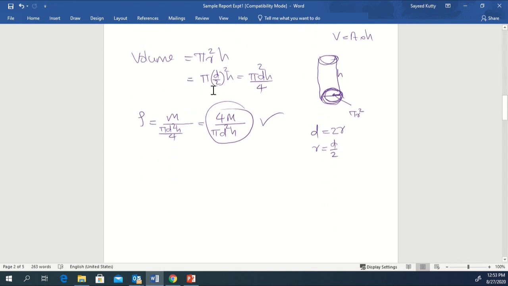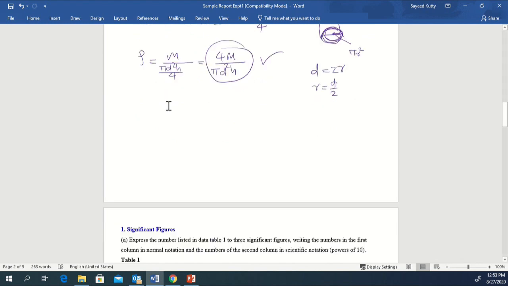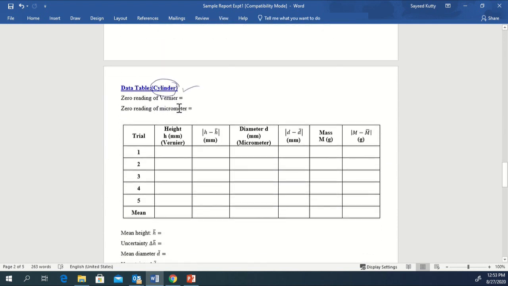Now you look here, in order to measure the mass, if you go through here, you can see that we were asking you to measure the mass in gram. So you will be measuring the mass of the cylinder using the balance, and you will write those values. Probably we ask you to do 5 times. While you are using a very accurate instrument, you may get 5 different values.